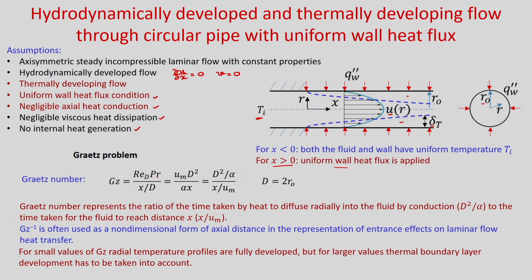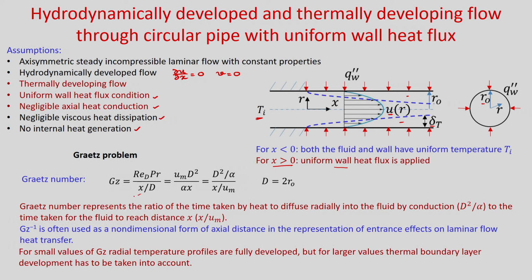So, we will define the Graetz number as Reynolds number times Prandtl number divided by x by d. You can see that this is some inverse of the non-dimensional form of the axial distance.